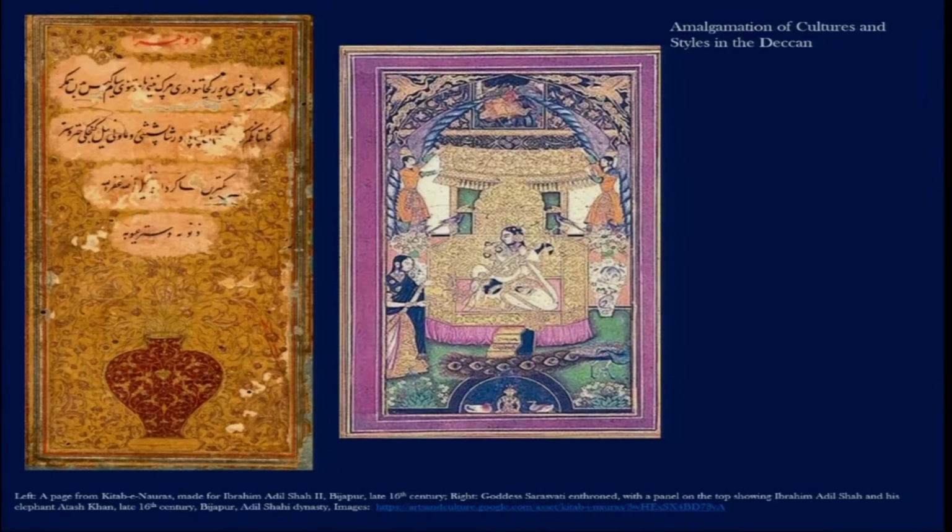So, this Kitab-e-Nauruz is preserved today in the National Museum, New Delhi. And what we see here in this particular page, and Kitab-e-Nauruz is actually a collection of poetry by Ibrahim Adil Shah II. So, Ibrahim Adil Shah, he is a very important figure in the history of the Deccan, and he wanted to be called Jagat Guru.